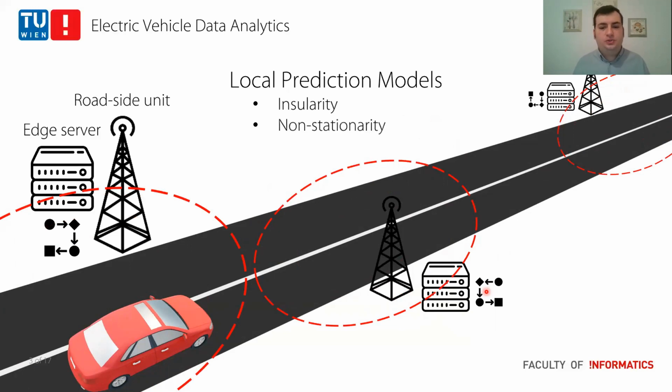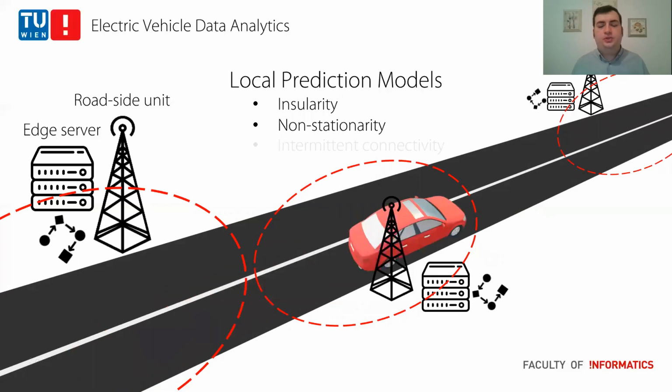The second issue is non-stationarity, which is about changing environmental conditions, such as weather or traffic conditions. So the trained models have to be updated online in a continuous way.